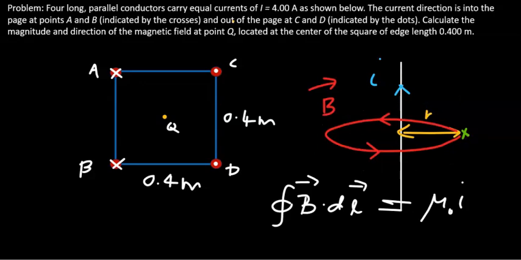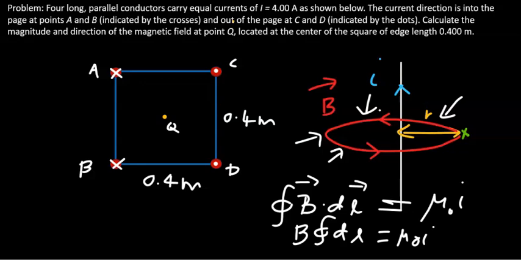Of course, in this case, we take the path to coincide with the magnetic field, like that. Since anywhere on this path the value of the magnetic field is the same, we can write this integral quite simply as B times the integral of dl equals mu naught I.